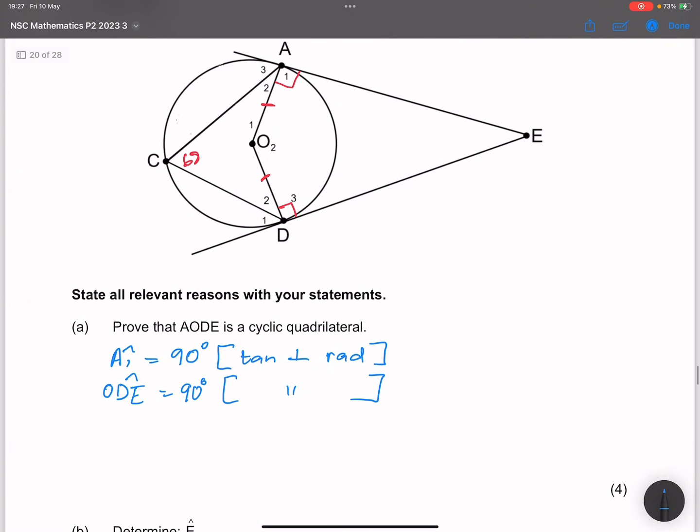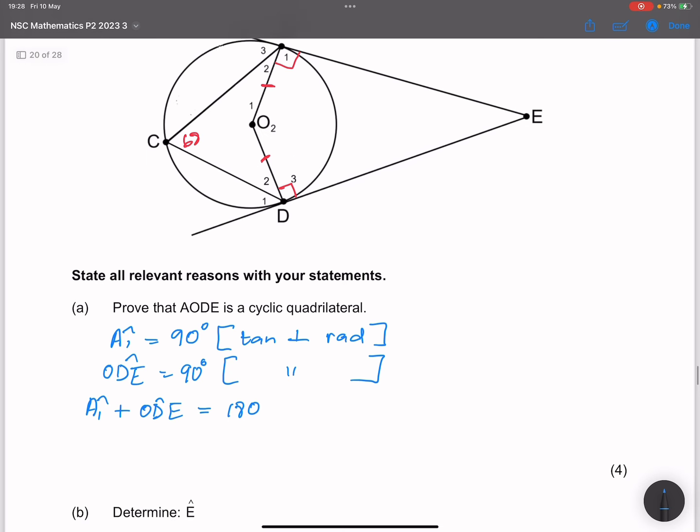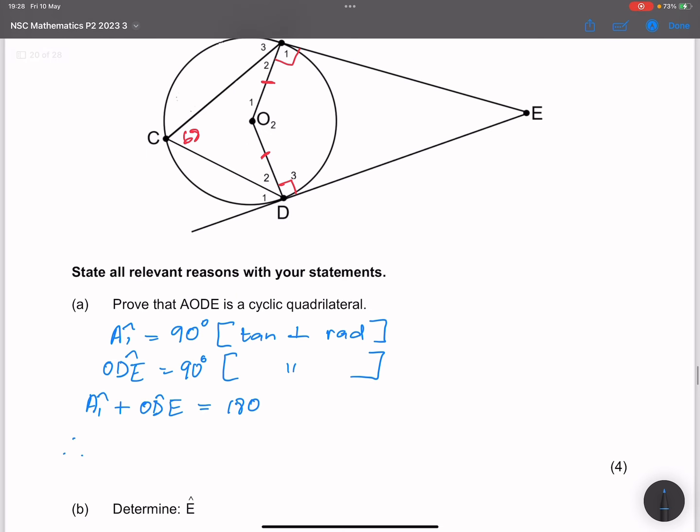So it means that A1 plus angle ODE is equal to 180 degrees. Of course, it's 90 plus 90. Therefore AODE is a cyclic quad.